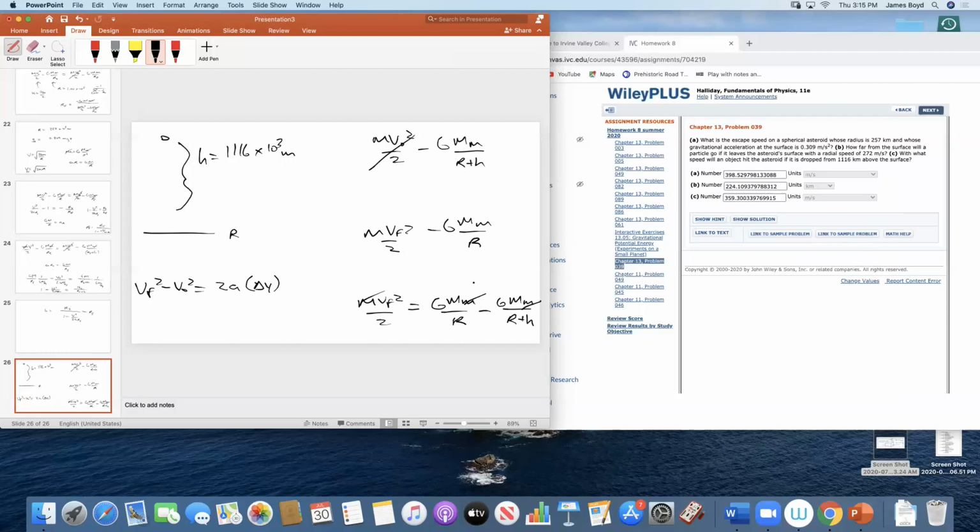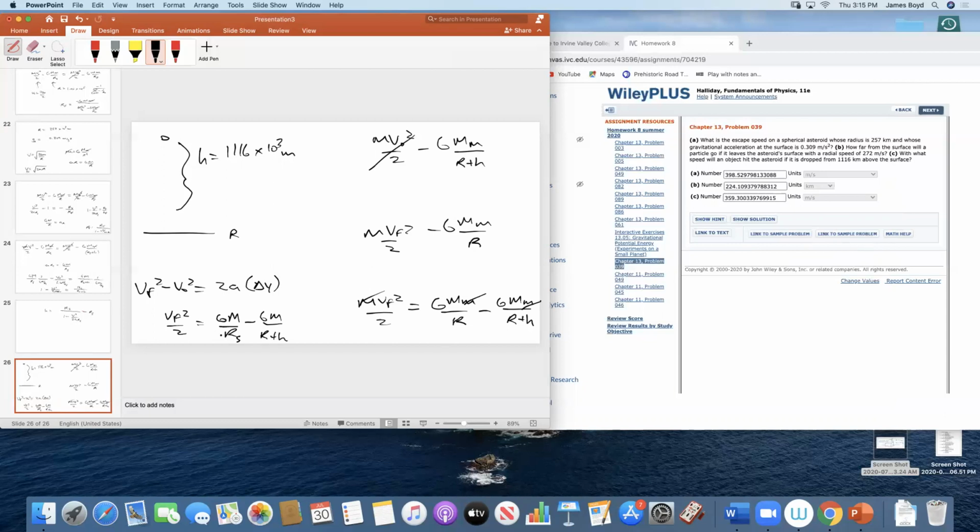So therefore, when I do this, I again get v final squared over 2 is equal to gm over r of the surface minus gm over r plus h.